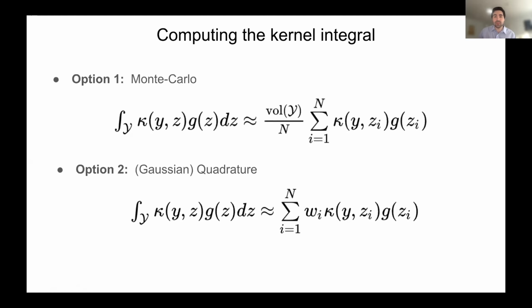The Monte Carlo approach has the benefit that we can reuse the measurement points as nodes in the approximation of the integral, but there will then potentially be quadratic cost associated with doing this, as in the graph neural operator, if you'll recall from the talk earlier.